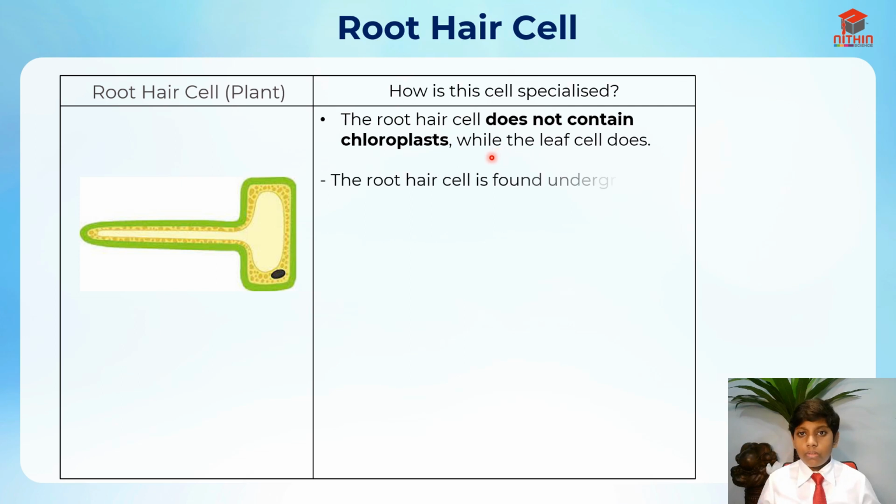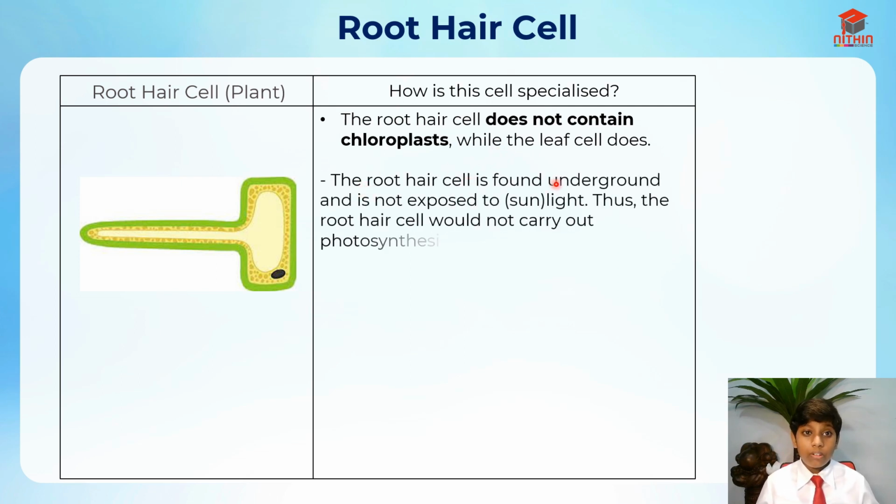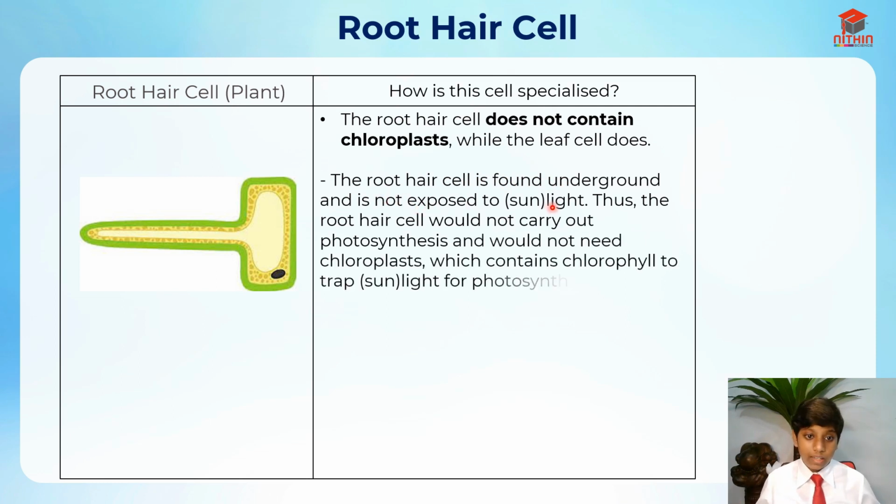Why does it not contain chloroplast? That is because the root hair cell is found underground, and it is not exposed to the sunlight or just light. Thus, the root hair cell will not need to carry out photosynthesis and will not need chloroplast as well, which contains chlorophyll to trap sunlight for photosynthesis to make food for the plant. Okay, so this is the reason why.